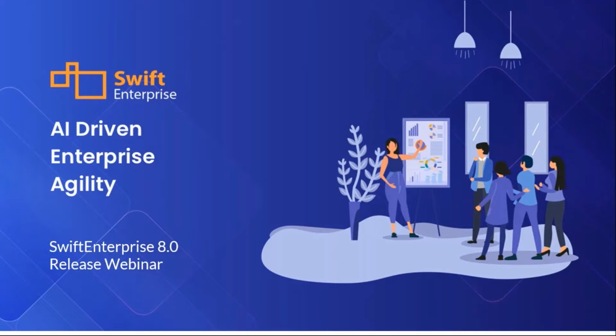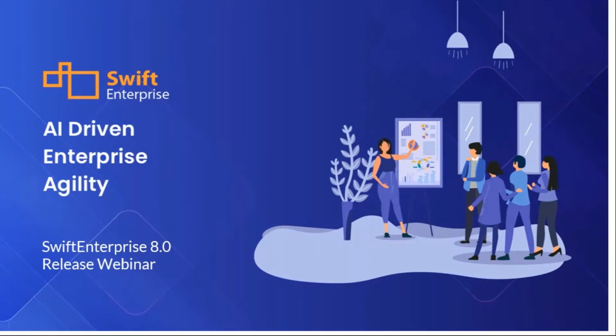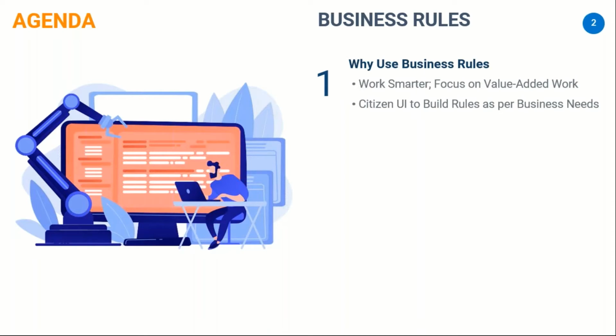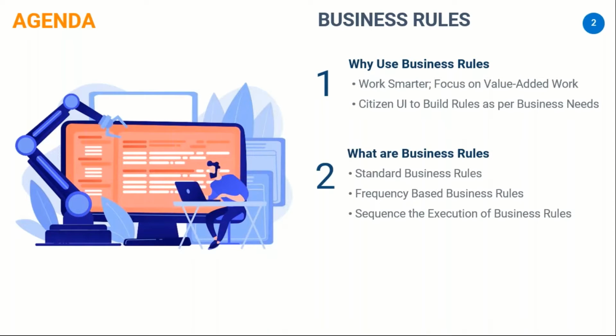So with that said, let's look at what we have planned for today. The agenda is primarily about business rules. This is the big bang feature that we have come up with as part of our Swift Enterprise 8.0 release. First, we will look at why we have built the business rules capability and how it is going to help you save much of your time and effort.